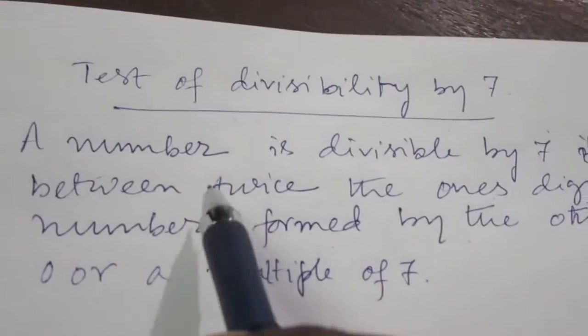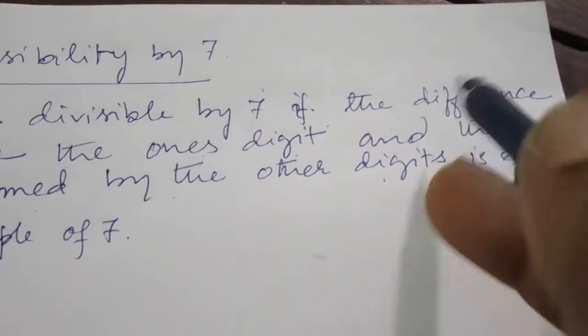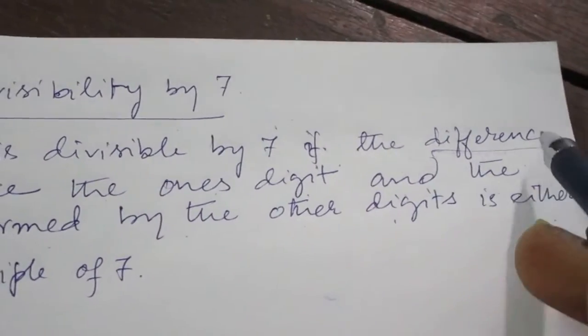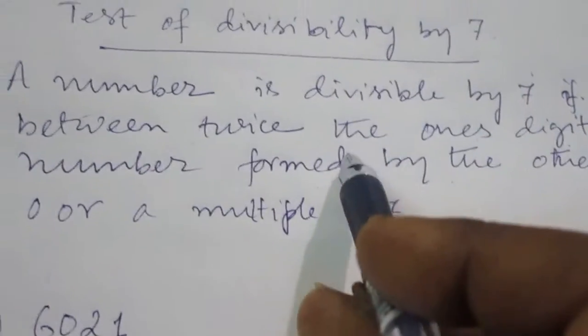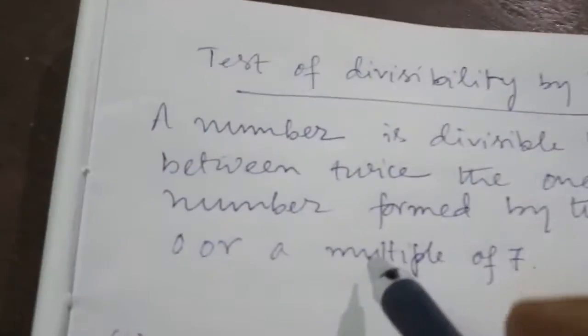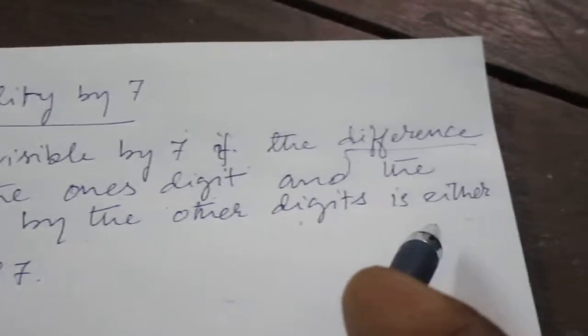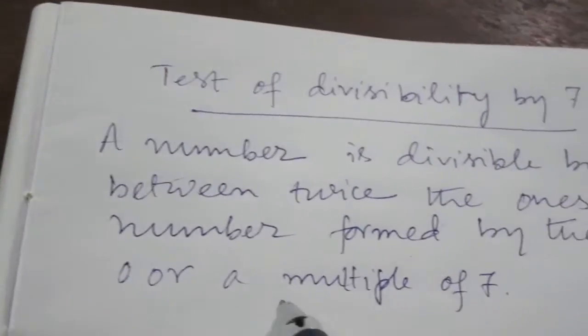Now it is telling that the difference, meaning subtraction, between twice the ones digit and the number formed by the other digits is either 0 or a multiple of 7.